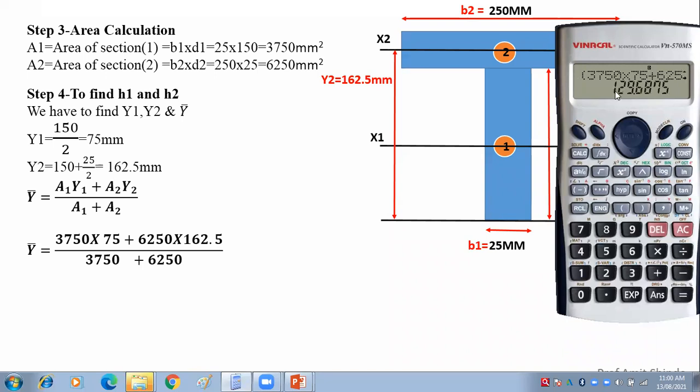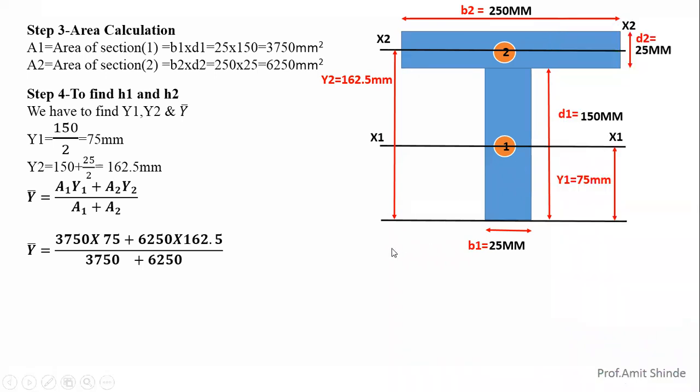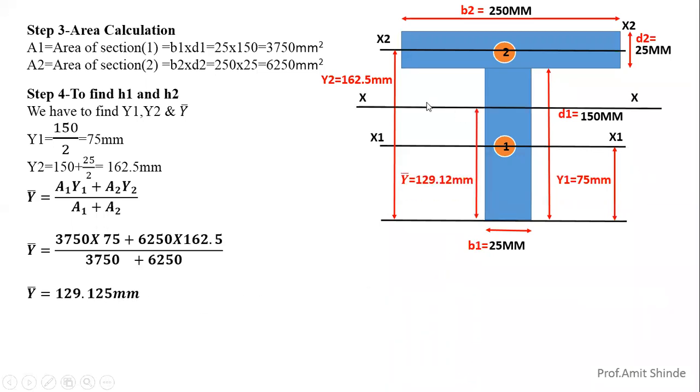You'll be getting 129.125 millimeter, and this is the distance from the bottom at which your x-axis is located.